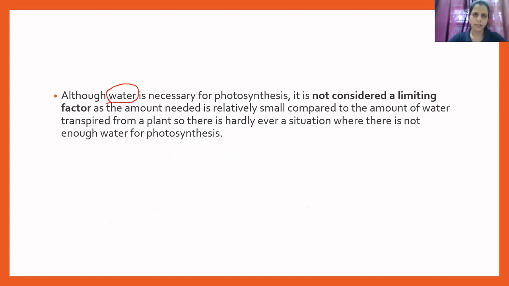This is because the amount of water required for photosynthesis is very less compared to the amount of water being lost from the leaves in the form of water vapors. Hence, water is not considered a limiting factor. Why? Because the amount of water required for the process of photosynthesis is very less.